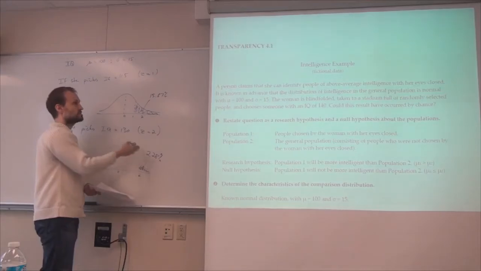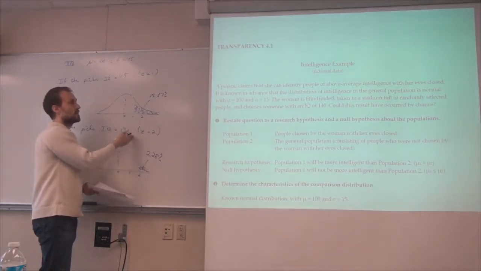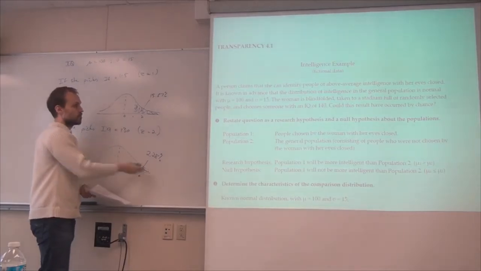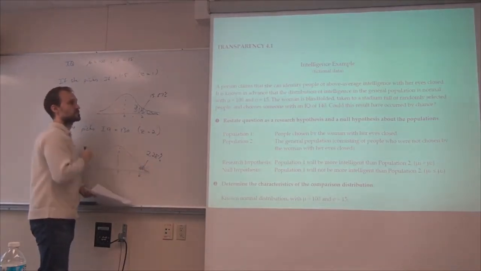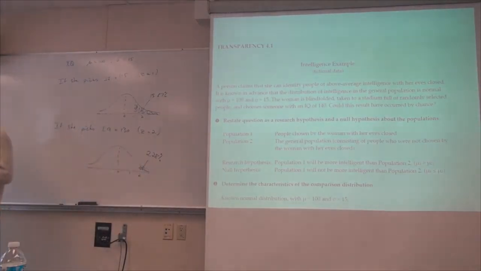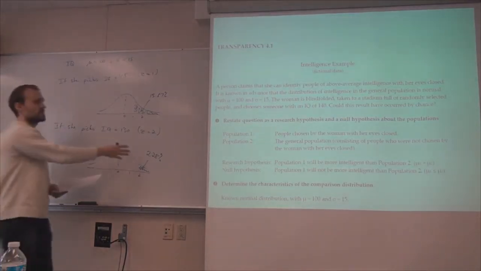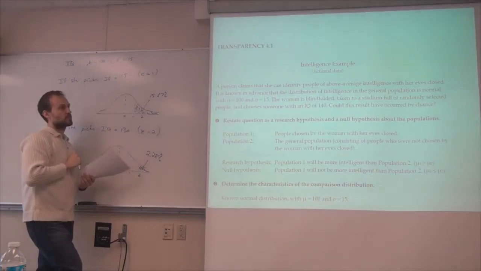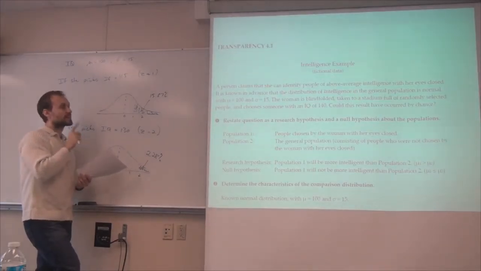So it depends on what her choice is, what the sample is, and where it sits in the distribution. So I can determine in advance what percentage I am going to be happy with before I accept her claim.